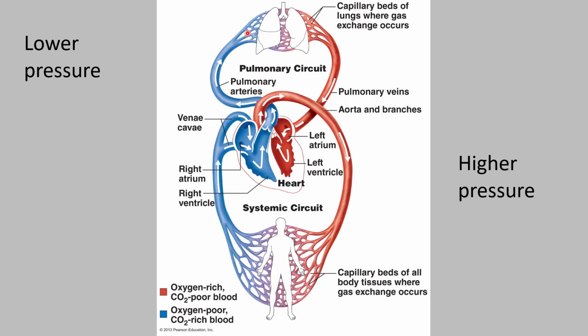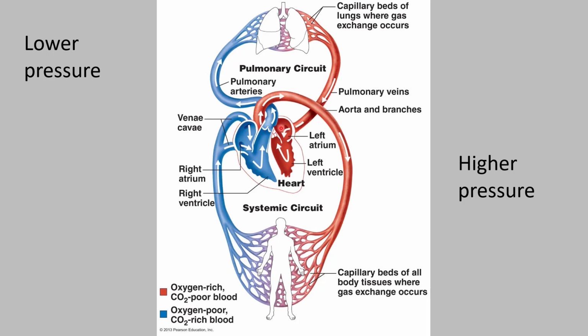So, looking at the pulmonary circuit, we're leaving the right side of the heart, going towards the lungs. Then we come back to the left side of the heart. During that time, we are oxygenating the blood. So we can say the pulmonary circuit flows from the right side of the heart to the lungs and back to the left side of the heart.